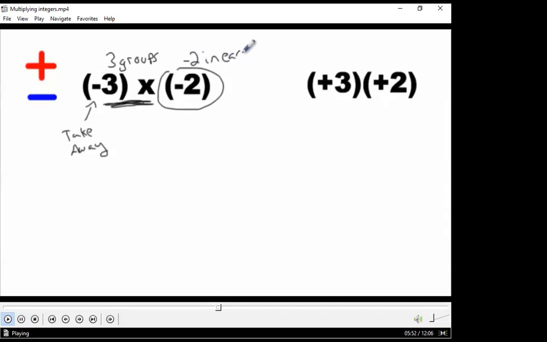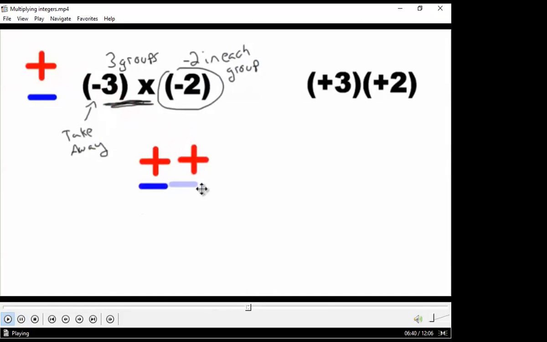Positive and negative. Positive 1 minus 1 equals 0. Then once the first number is a negative number, we will use 0 pair. Again, let me remind you, what is the 0 pair? 1 positive and 1 negative.